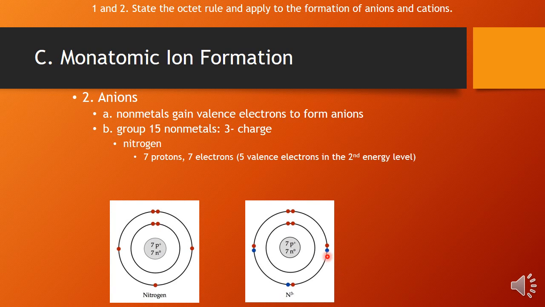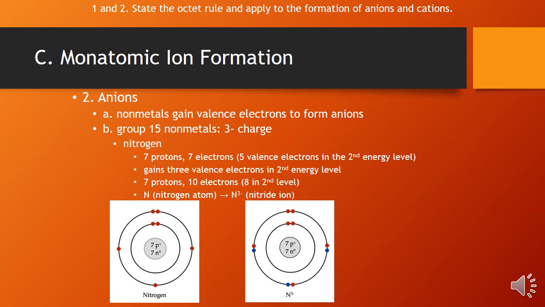Notice the electrons here that are marked in blue are the electrons that have been gained. So we've gone from 7 electrons, now it has 10 in total because it gained 3. So that would give this ion a charge of 3 minus. So we've gone from a neutral nitrogen atom. Now we have a nitride ion. Again, notice the IDE ending with a 3 minus charge.